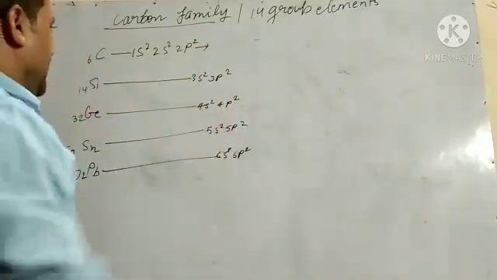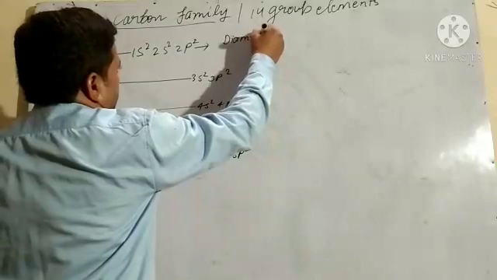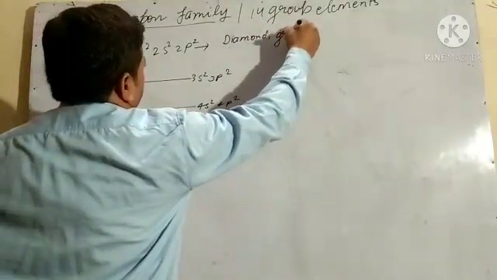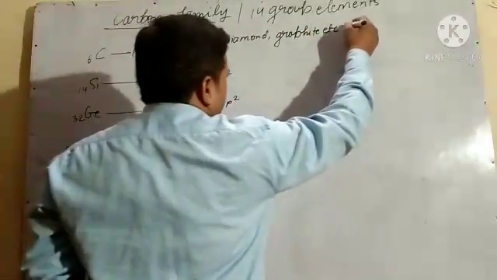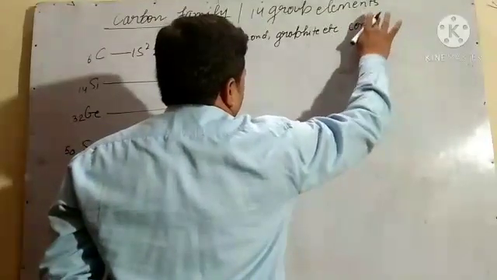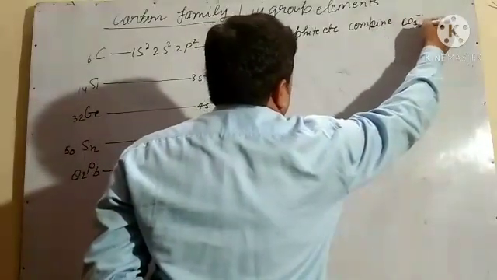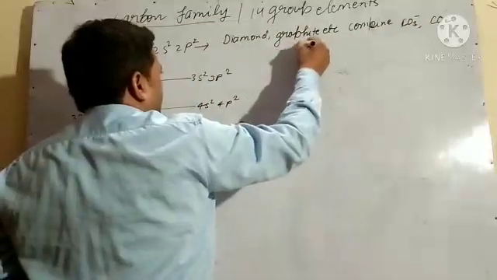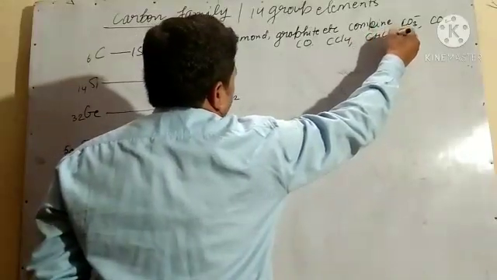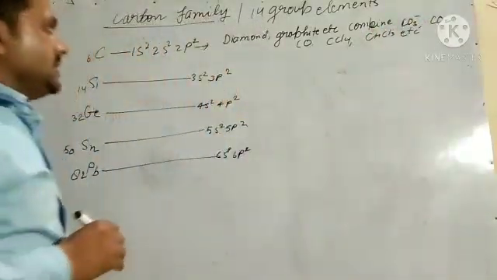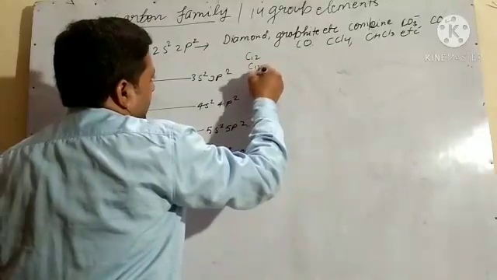Carbon exists in a free state in the form of diamond, graphite, etc. In the combined state, it exists in the form of carbonate, carbon dioxide, carbon monoxide, carbon tetrachloride, chloroform, etc. And carbon has 3 isotopes: carbon 12, carbon 13 and carbon 14.